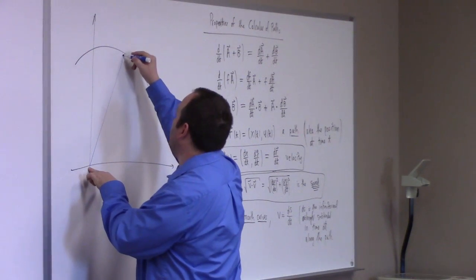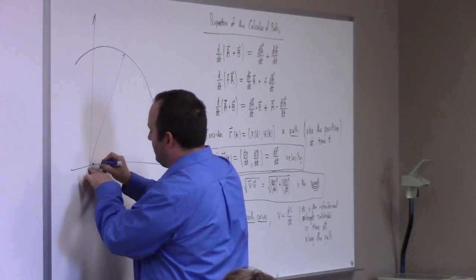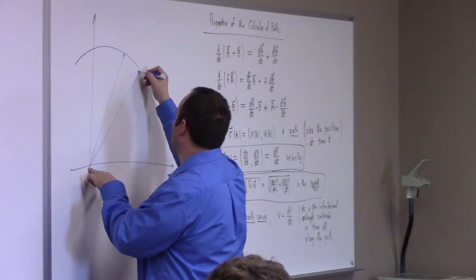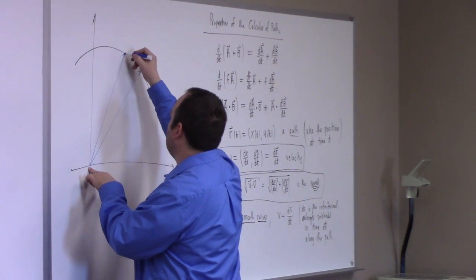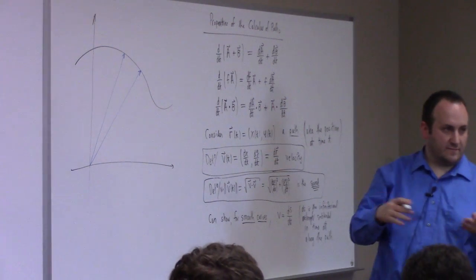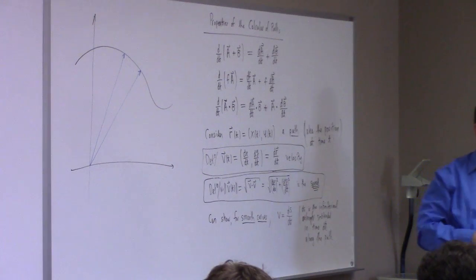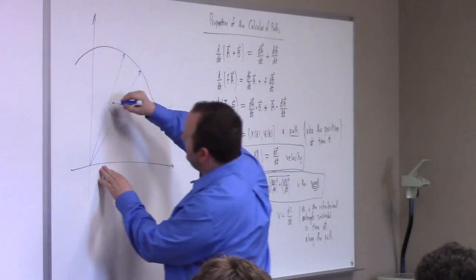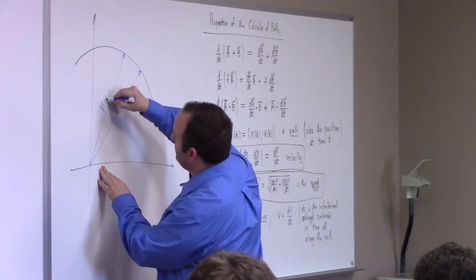I'm not sure if I'm going to do it today, because I'd like to do an example with numbers also today, so we might not have enough time for both the full theoretical justification and the example today. So I may just give you the heuristic explanation today and give you the rigorous one Monday, perhaps. But suppose this is r of t, all right?